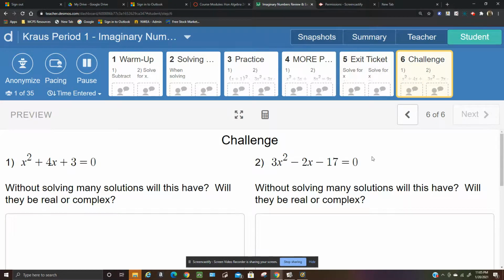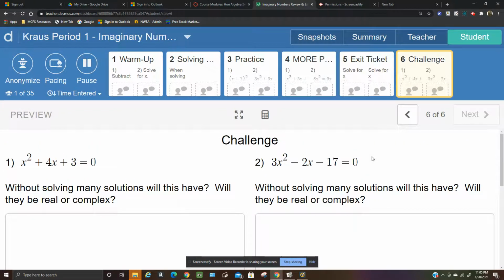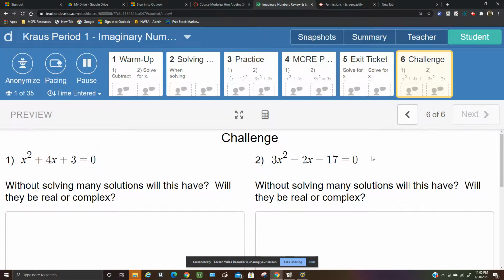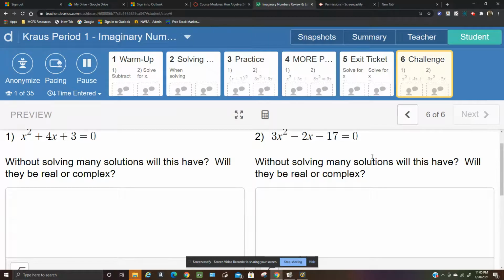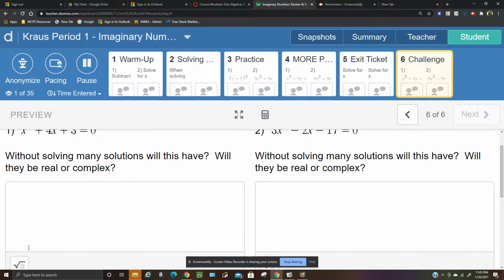Let's take a look at the challenge problems here. So it says without solving, how many solutions will this have? So all these are the same.